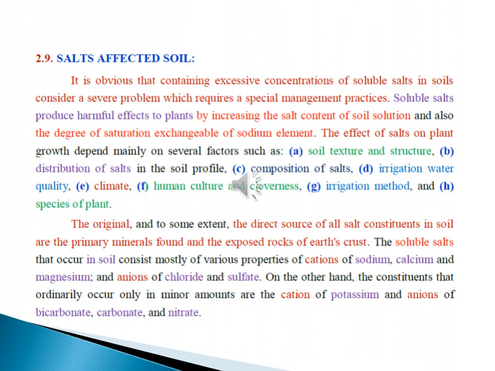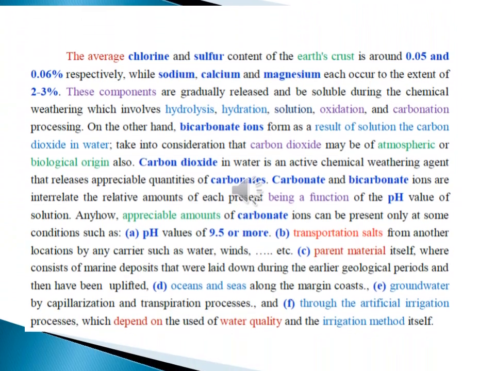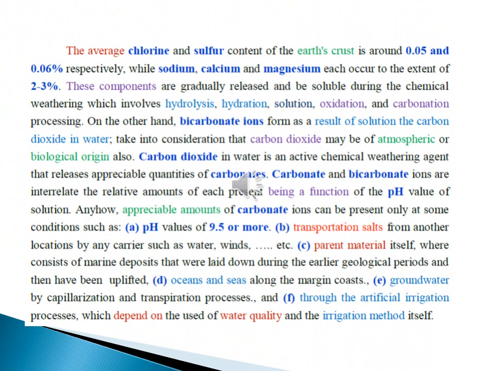It is obvious that excessive concentration of soluble salts in soils is considered a severe problem which requires special management practice. Soluble salts produce harmful effects to plants by increasing the salt content of the soil solution and also the degree of saturation of exchangeable sodium. Chlorine, sulfur, sodium, calcium, and magnesium are gradually released and become soluble during chemical weathering.